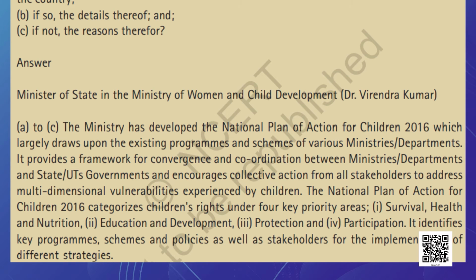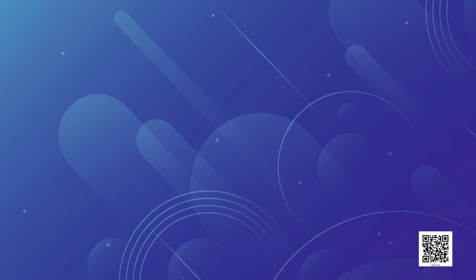The National Plan of Action for Children 2016 categorizes children's rights under 4 key priority areas. Number 1, survival, health and nutrition. Number 2, education and development. Number 3, protection. Number 4, participation. It defines key programs, schemes and policies as well as stakeholders for the implementation of different strategies.